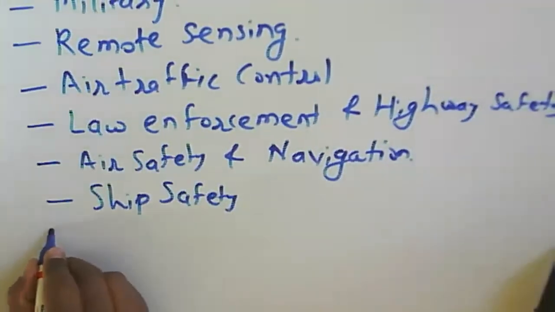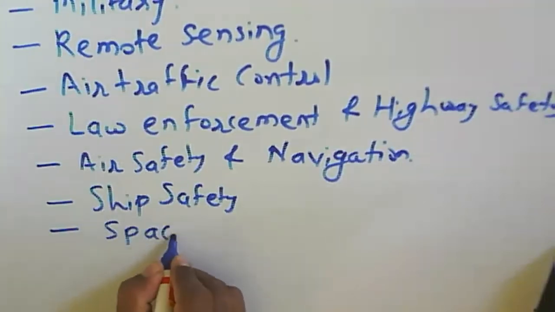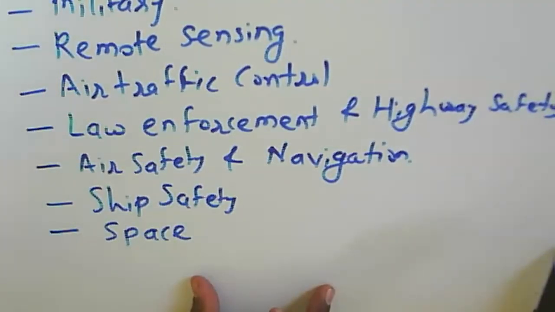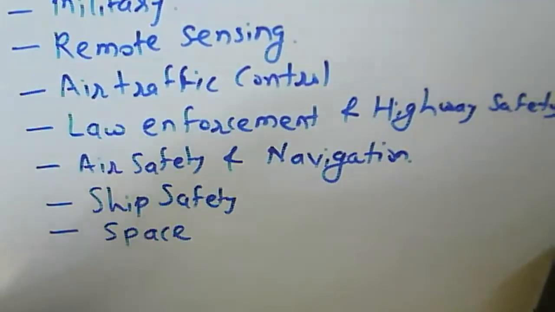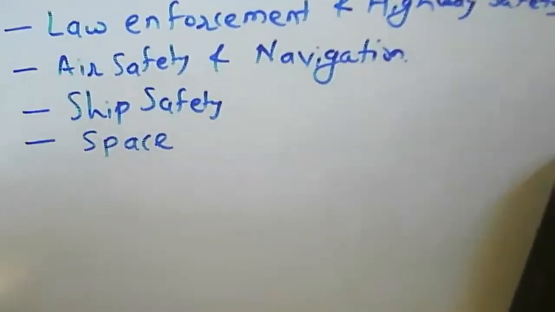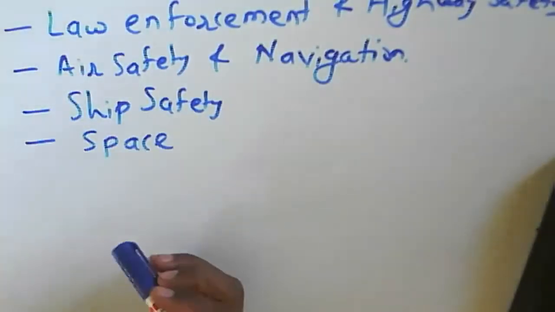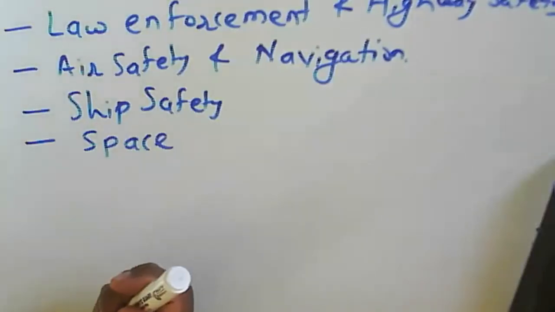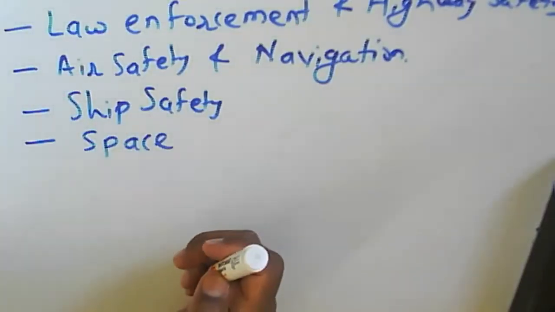Then space: for space vehicles, radars are used. We need to land an object on the Moon or Mars, so in that case a radar is used to detect the place and track the objects.